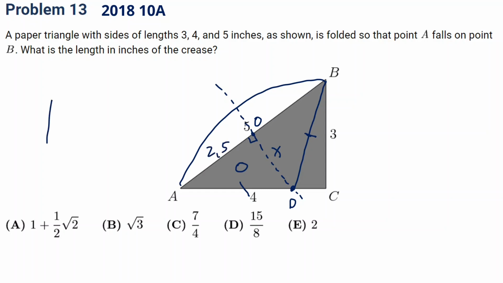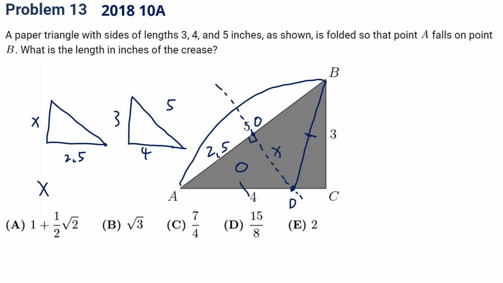So let's take this out: 2.5, similar to a triangle that is 3, 4, 5, and we want to know what x is. So x must be 2.5 divided by 4 times 3, which is 5 over 2 divided by 4 times 3, which is 15 over 8.